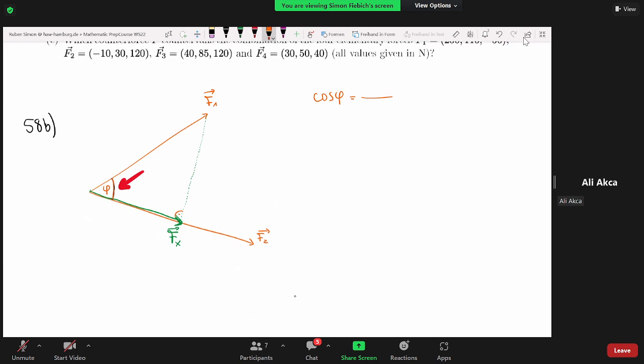So cosine phi will be adjacent over... I forgot the term. Hypotenuse. Adjacent, yes, adjacent divided by hypotenuse. So what would be the adjacent in this case?